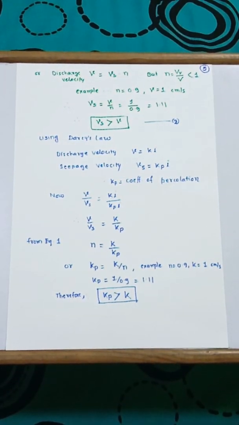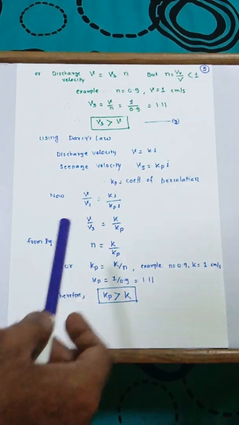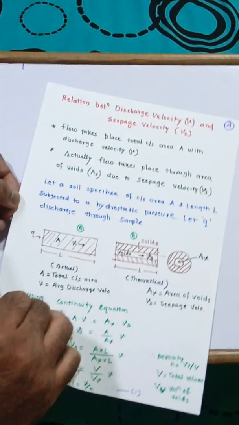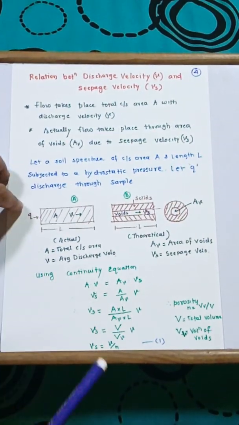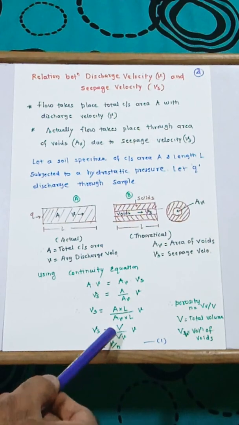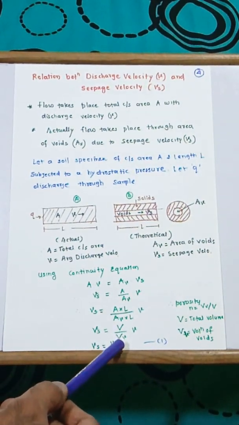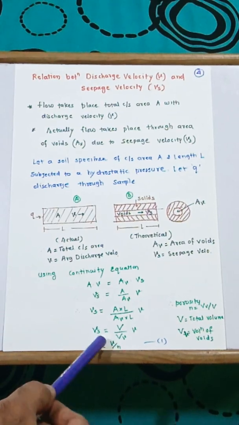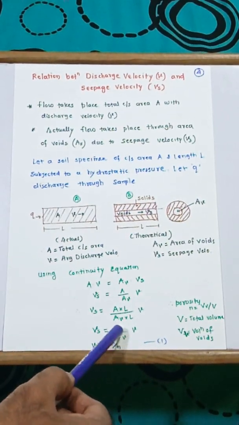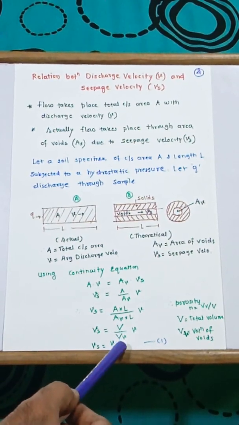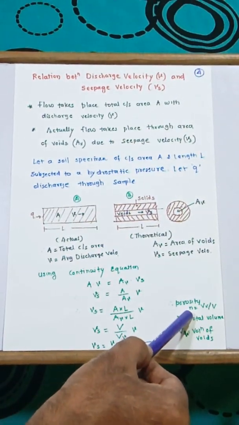In the earlier part, we have seen that Vs upon V is also equal to total volume upon volume of voids. So the ratio of Vs upon V is equal to total volume upon volume of voids, which can also be represented in terms of porosity.